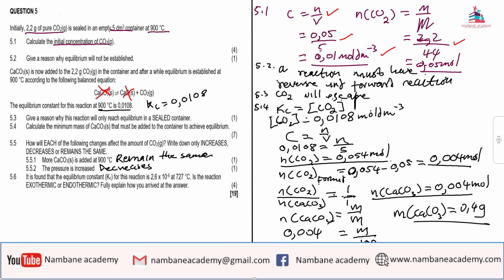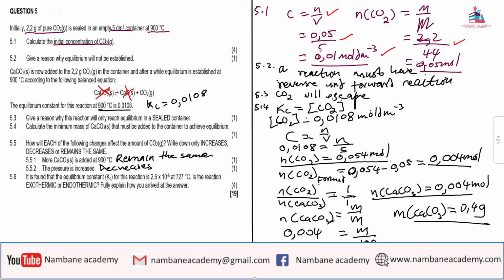That is basically that. It is found that the equilibrium constant for this reaction is 2.6 multiplied by 10 to the negative 6 at 727 degrees. Is the reaction exothermic or endothermic? A very beautiful question, this one.